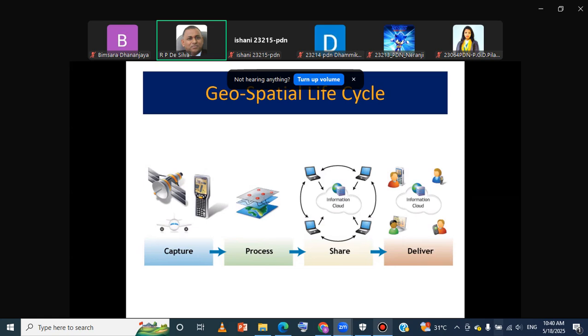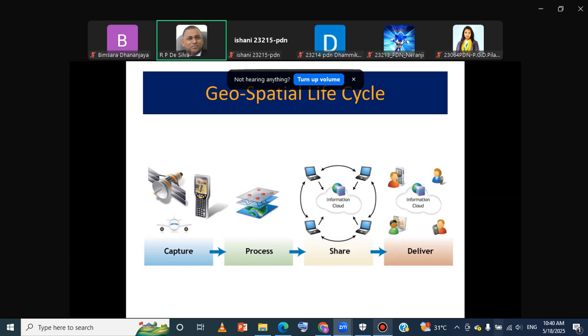So what happens is, a large amount of raw, unprocessed data is available through NSDI's data structures and mechanisms. But other components of this life cycle are not really complete. For example, value addition doesn't take place generally.